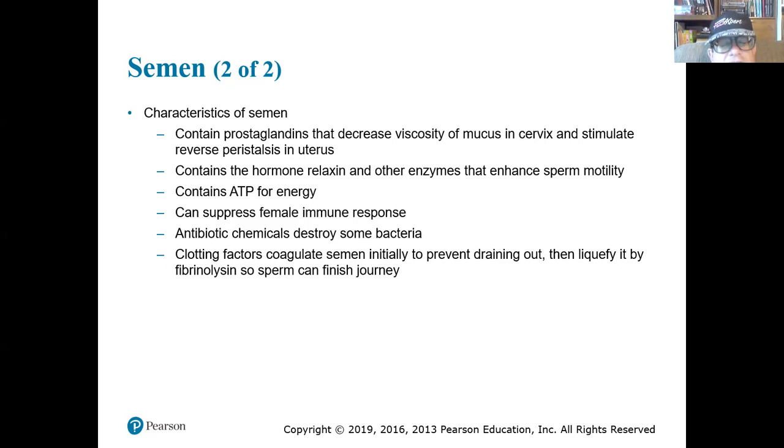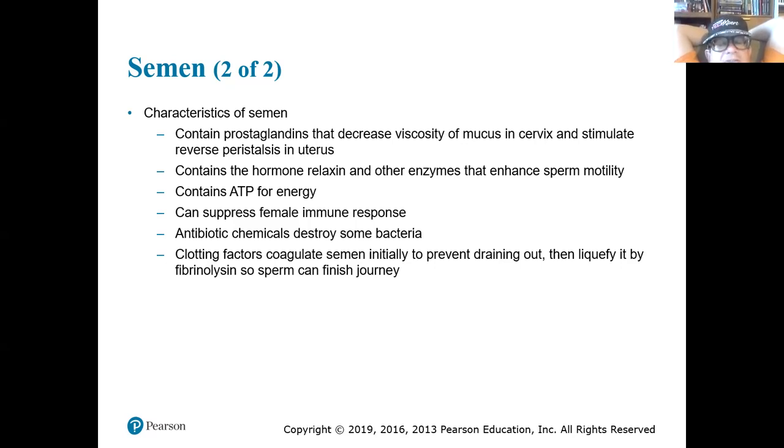Antibiotic chemicals can destroy some of the bacteria, and clotting factors will coagulate the semen initially to prevent it from draining out, and then liquefy it through fibrinolysin so the sperm can finish the journey.